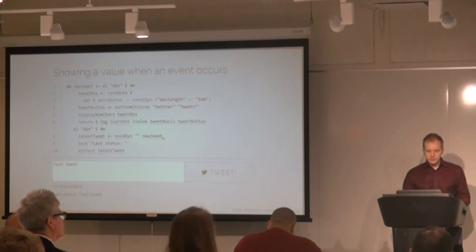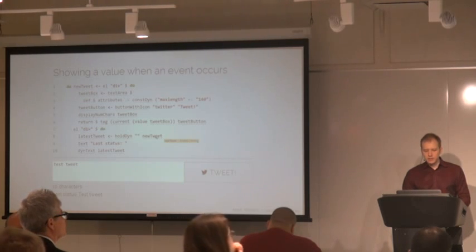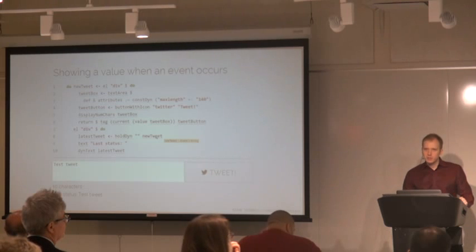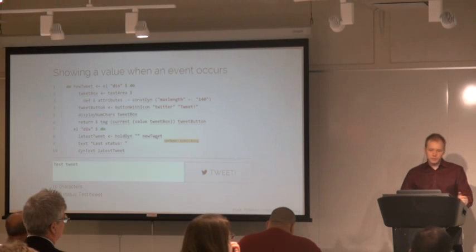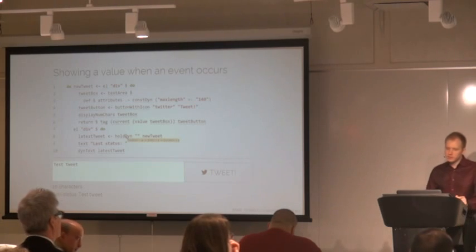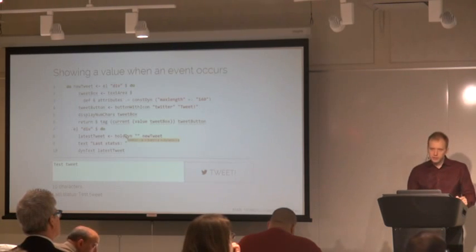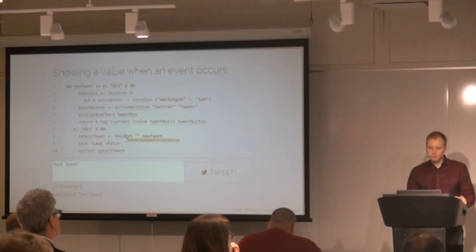Now, down here, we can take that event, and we need to put it on the screen. But you can't put an event on the screen, because it only exists sometimes. So what we need to do is turn it back into something dynamic. And for that, we use holdDyn. And what holdDyn does is it takes an initial value, it takes an event, and it produces a dynamic from that.